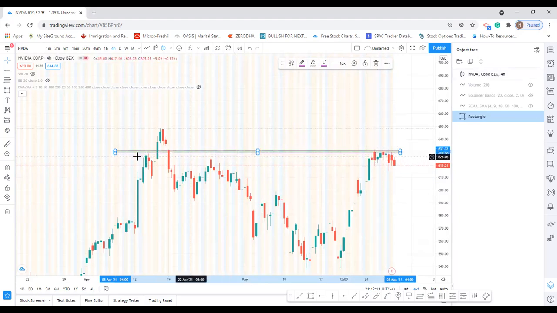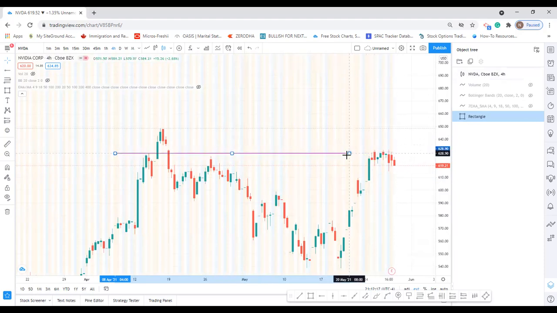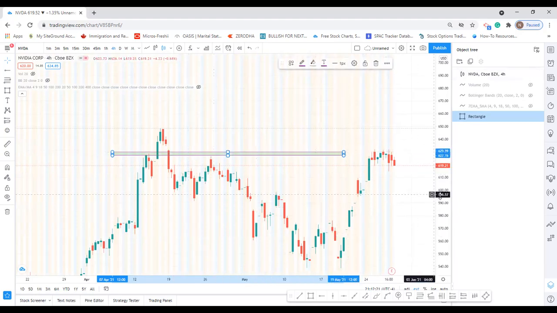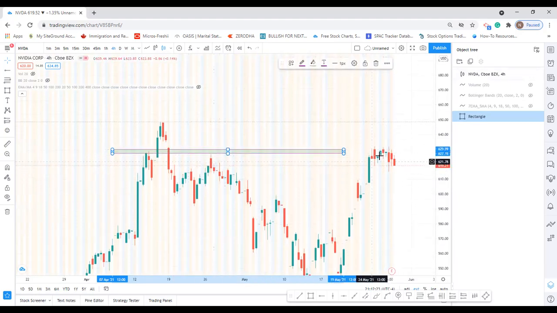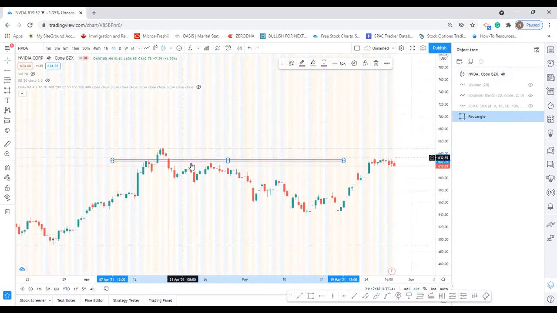But if I knew this part, say for an example, if I had drawn this area earlier, because this is the left, I don't know anything about the right. The price did get rejected here. Once it broke up and then fell, it got the rejection here, and then it fell.